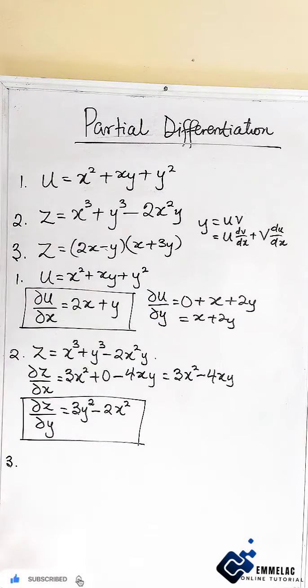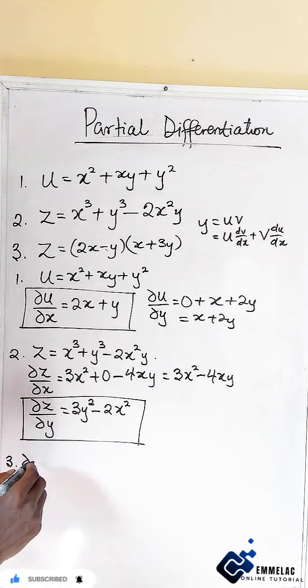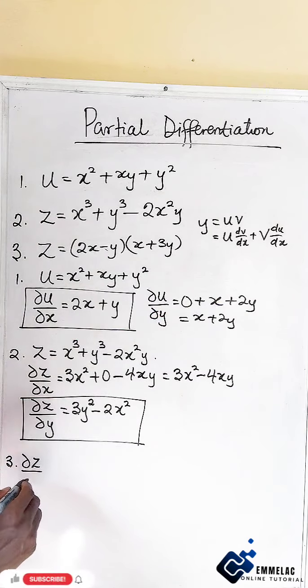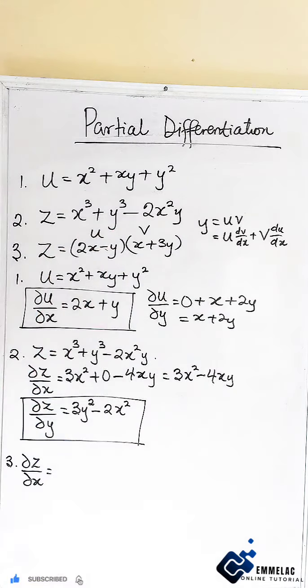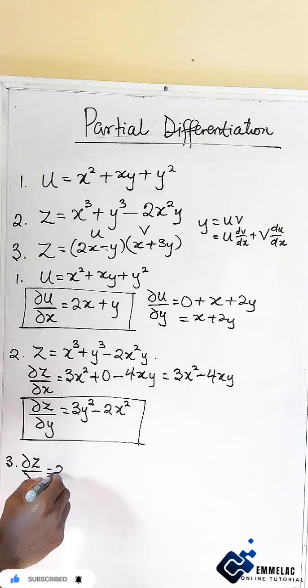Now to this end, the partial derivative of y with respect to x. Now we are making this u and this v. Keeping our u constant, we have 2x minus y.